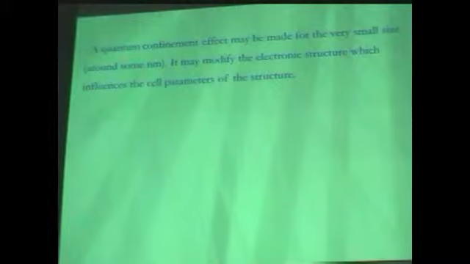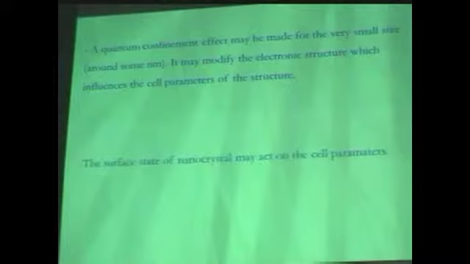I specify that it is valid only for very small sizes. And the second point is that the surface state of the nanocrystal may also act on the cell parameters.